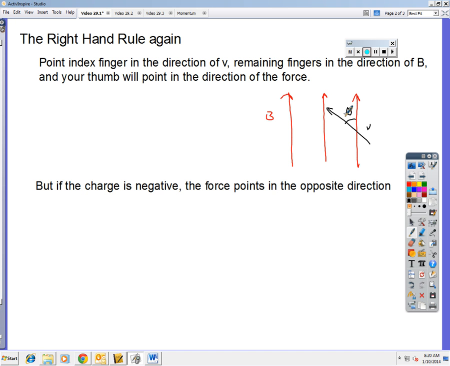So with this diagram, index finger points in the direction of the velocity, kind of up and to the left. Other three fingers point upward, and that means that the force is into the page.